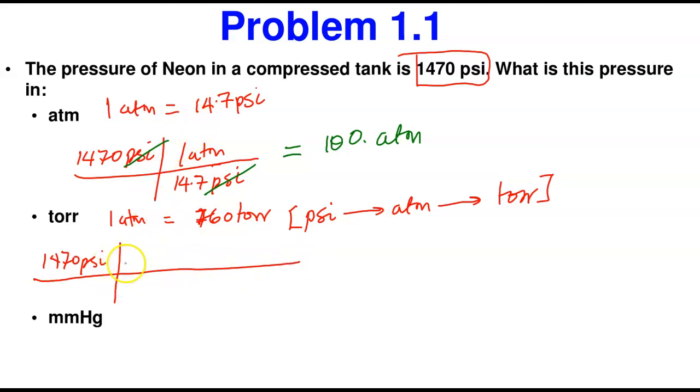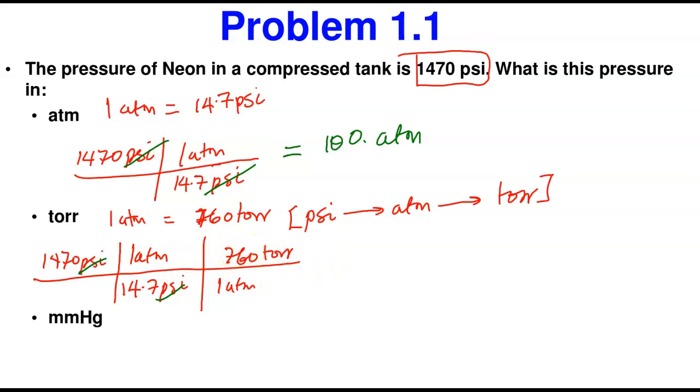First, I'm going to convert it to atm: 1 atm will give me 14.7 psi. And then if I cancel this first, I have it in atm. Now I'm going to invoke the second conversion factor. I want it to be in torr, so my torr is going to be on top. So I'm going to say 1 atm will give me 760 torr.